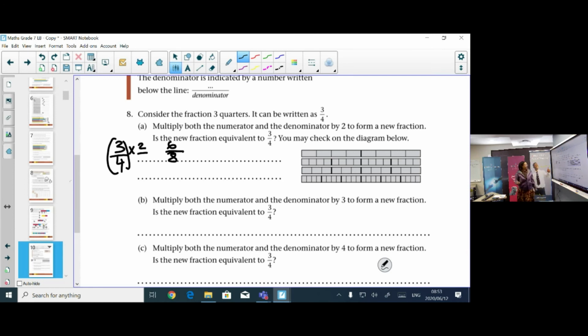Which ones are representing our 6 and 8? How many are 8? 1, 2, 3, 4, 5, 6, 7, 8. These are 8. I'm going to color this in so that we can compare the area that I've colored. So here is my 6: 1, 2, 3, 4, 5, 6. And I'm having 8 parts there.